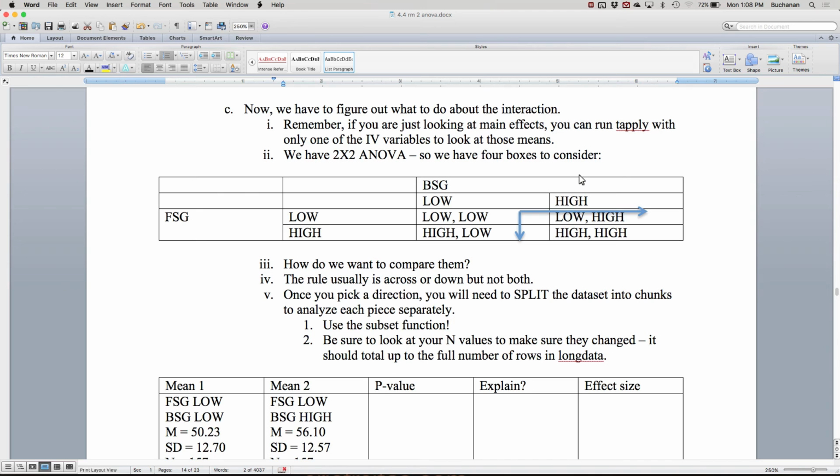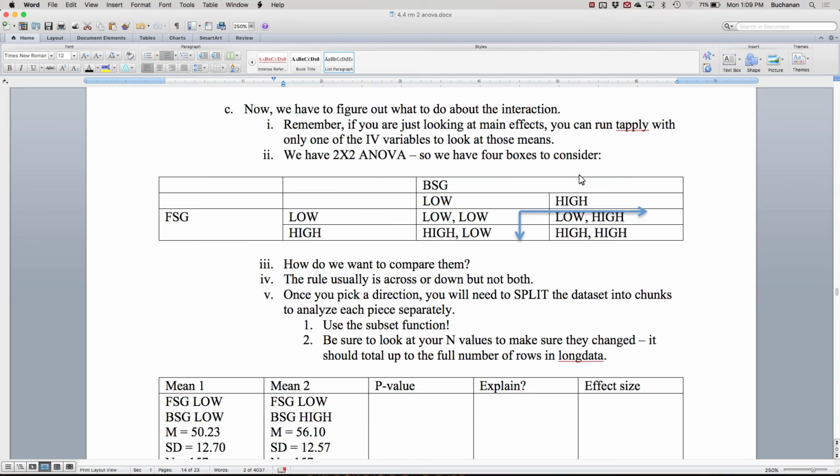Down or across. I feel like I have these phrases I end up saying a zillion times, and down or across is definitely one of them. So this is what I have drawn in here. What I mean is I could compare across and do FSG low where BSG is low versus high, and then do FSG high only, BSG low versus high.